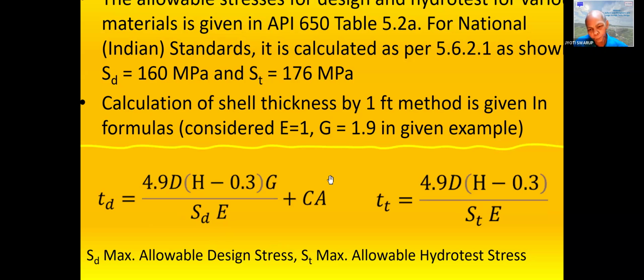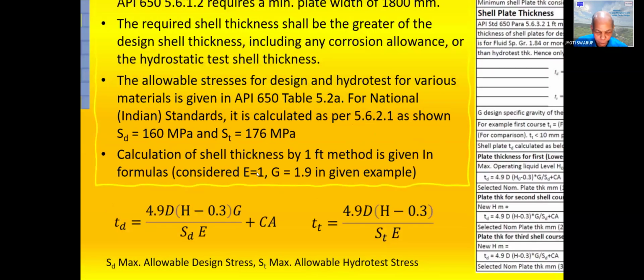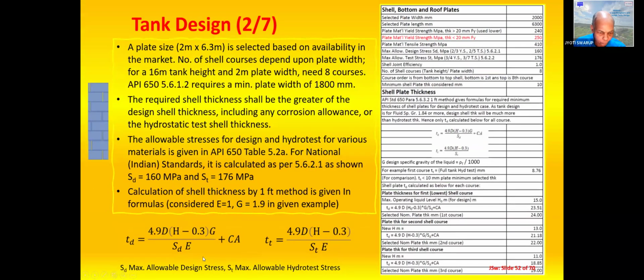Now in this case only design stress will be applicable, and the thickness calculated will be much higher than the hydro test thickness. So this is how we do the calculation for the thickness of each shell course. We go one by one, first the bottom, then next up to the last shell course, and add corrosion allowance to it, and that gives you the calculated thicknesses.